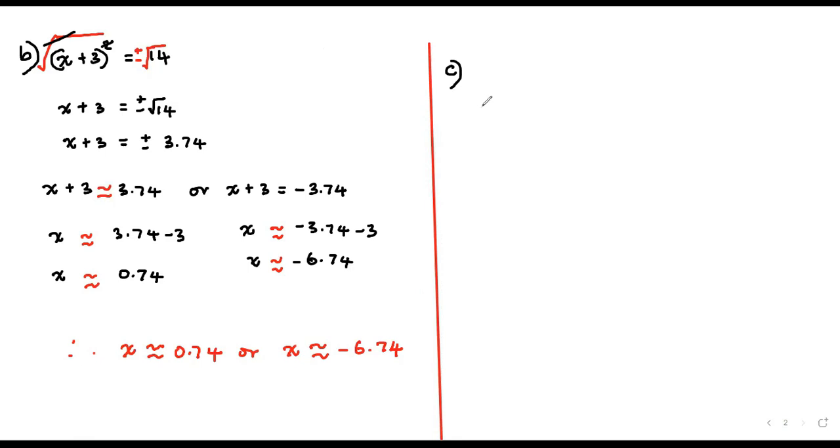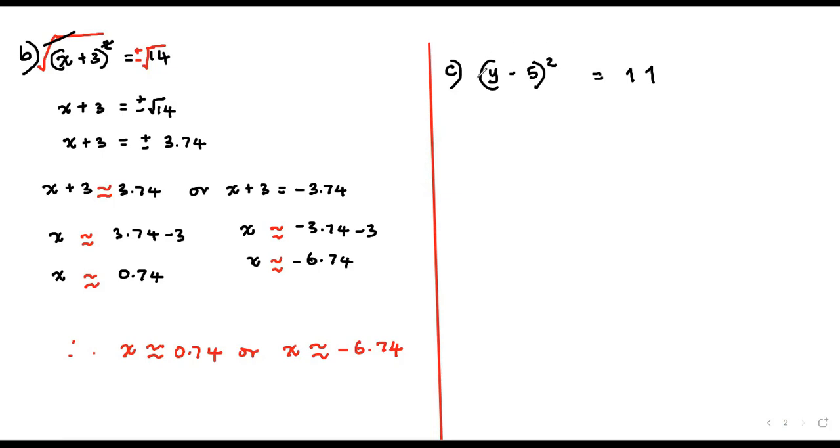In part C, remember, we had y minus 5 squared is equal to 11. Okay, so now we will take the square roots.